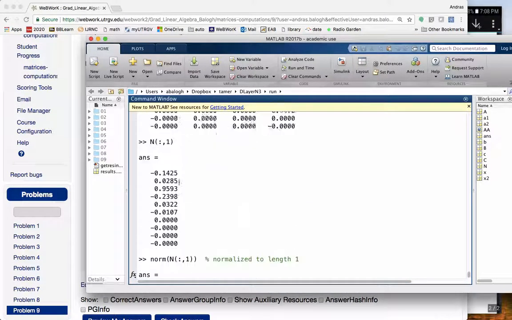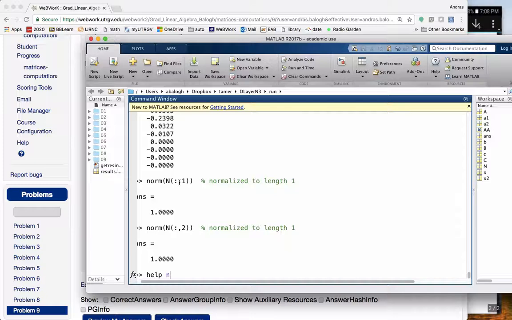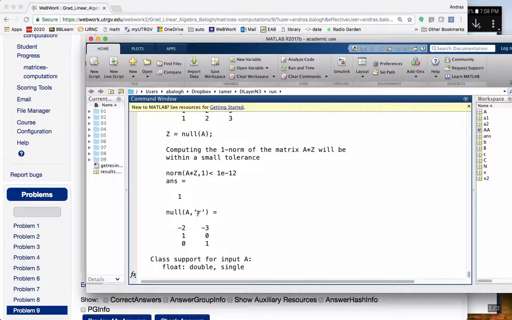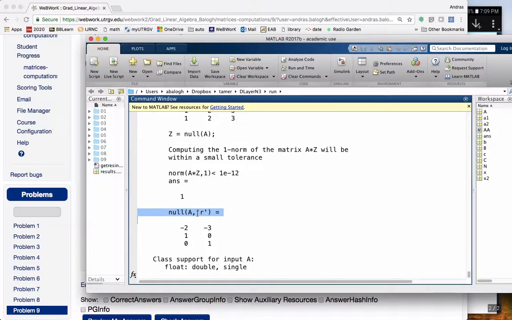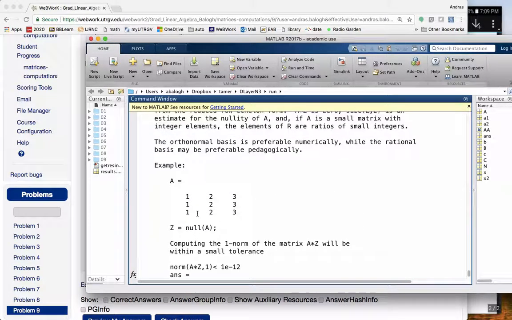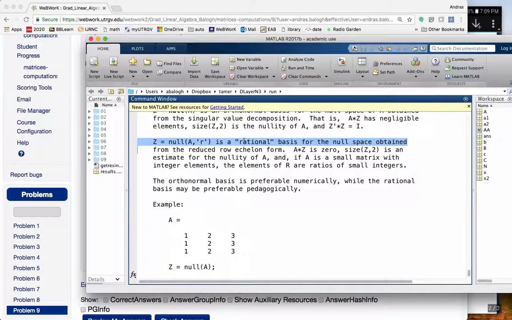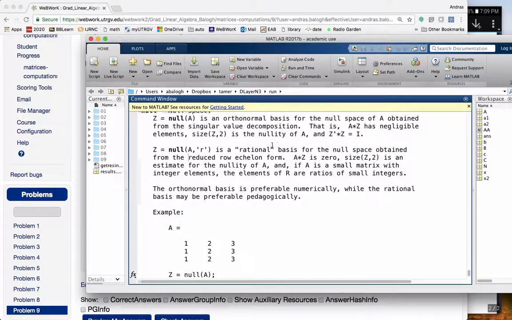So instead of that, if you check the documentation of the null command in MATLAB, it mentions that if you use this option R, then this gives a rational basis for the null space, which is obtained from the reduced row echelon form. So basically this is exactly the way we did it.